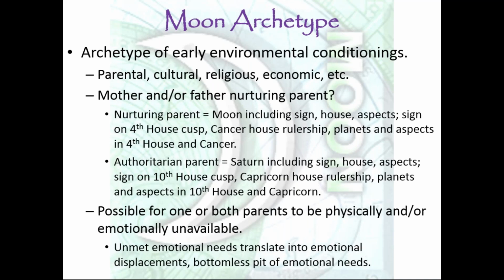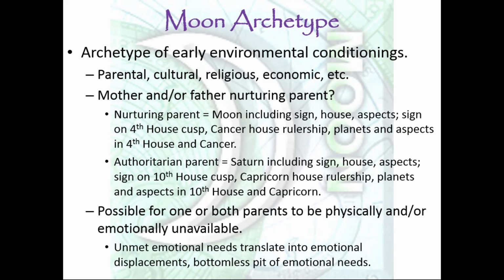So the Moon, again, is the archetype of all of our early environmental conditionings. And as we were saying before, they start with the parents, but they can be cultural, religious, economic. There's all kinds of environmental conditionings that come at us in our world. And those environmental conditionings are really known by the entire chart and every archetype in the chart, and also by that polarity, Saturn, and its rulership of Capricorn in the 10th house, because that is society.